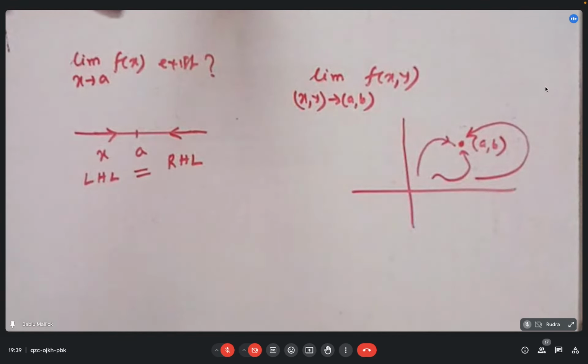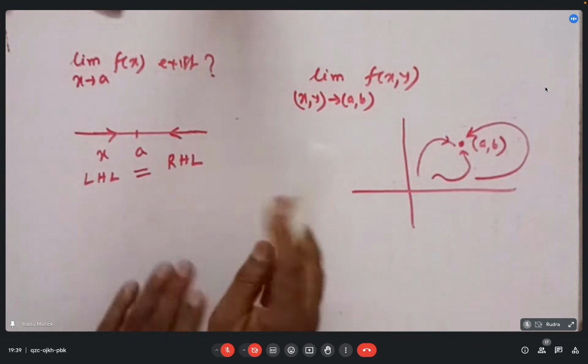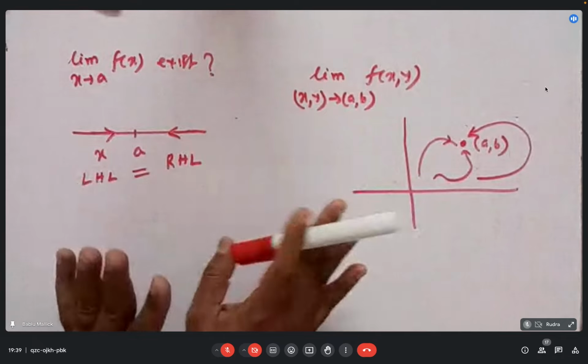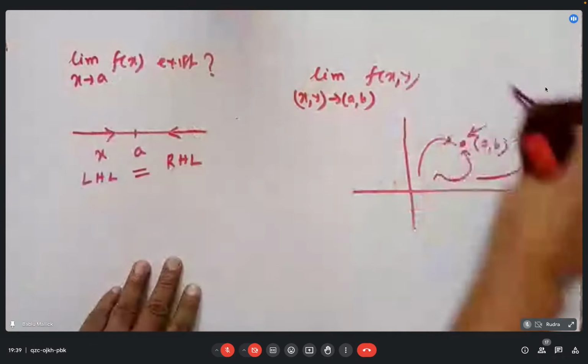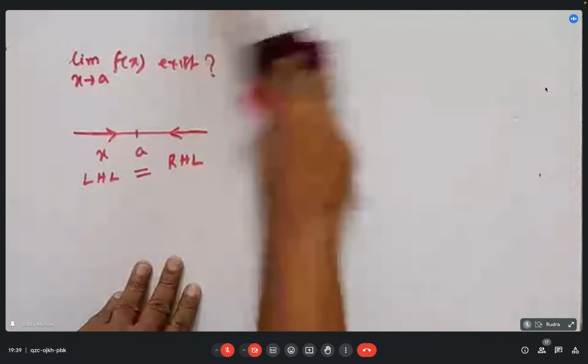Now, if limit does not exist, then clearly it will not be continuous. So we shall do limits and continuity simultaneously.